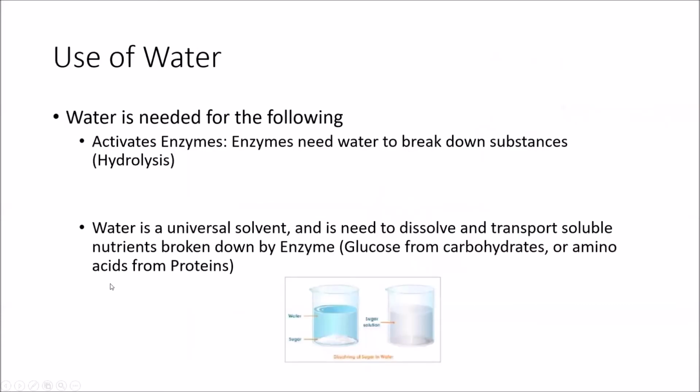Now, the reason why water is needed is because water is going to help to activate these enzymes. In order for enzymes to function properly, they're going to need access to water.